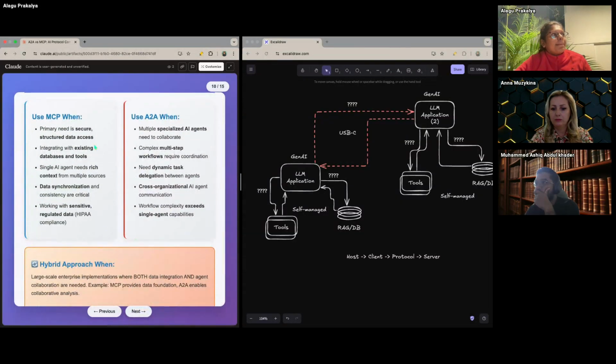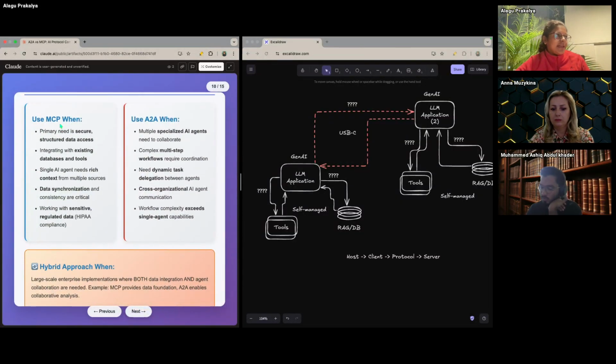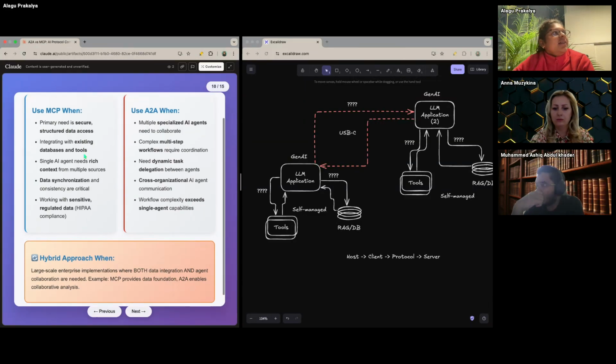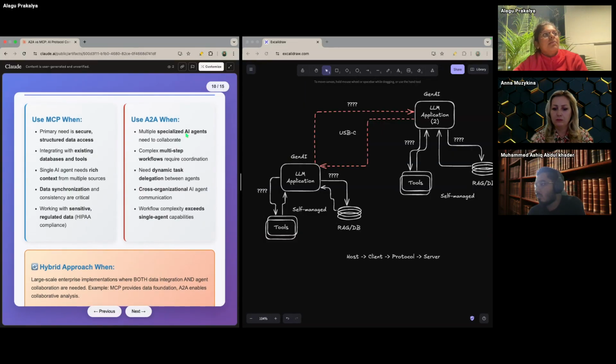So to summarize when to use what: we need MCP when we need secure, structured data access, where authorization and everything is already taken care of. When you need database tooling or prompt templating, we basically opt for MCP. And when you need specialized agent use cases, you opt for A2A.